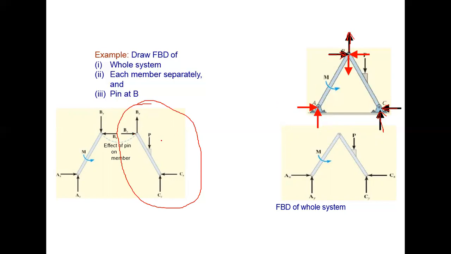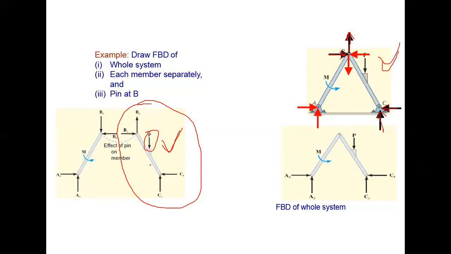If you draw an FBD of link BC, then you will get CY, CX, BY, BX, and these are the forces that I have already shown in the previous figure, right? And some external force P is also acting on the link BC.